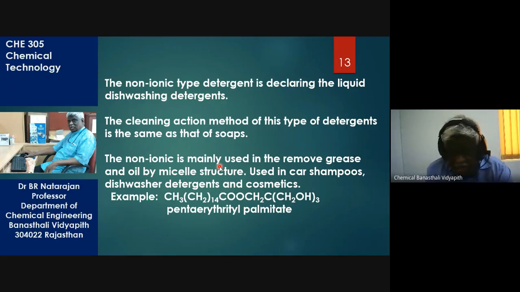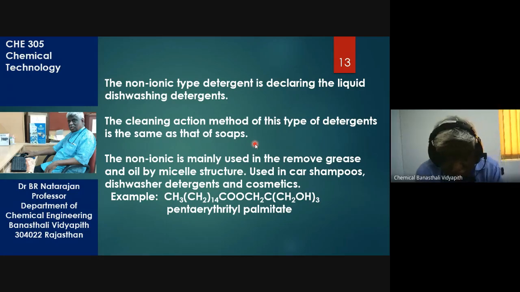Now, to make you understand, let me explain. You have just seen the cleaning action is same as that of soap. Now you know that soap has got a hydrophobic part and a hydrophilic part. Clear, no doubt. So when I add a soap in water, what happens? The hydrophilic part is inside the water and the hydrophobic part is outside the water. Hydrophilic, water loving, is inside the water, and the hydrophobic, water hating, is above the water.